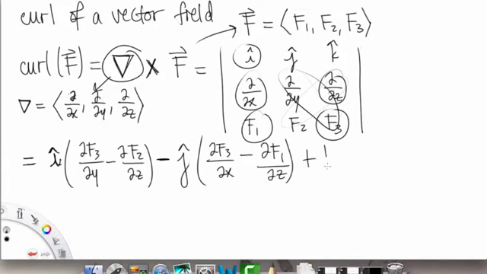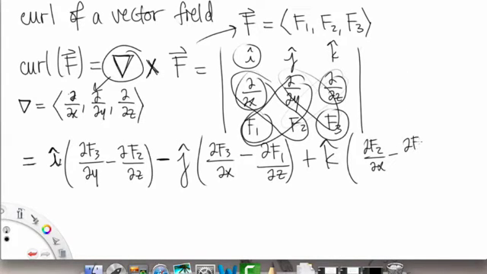And our final one is going to be plus a k hat. We have these ones left: partial of f sub 2 with respect to x, and the last one is just partial of f sub 1 with respect to y.